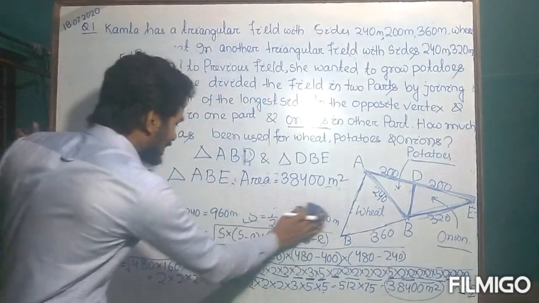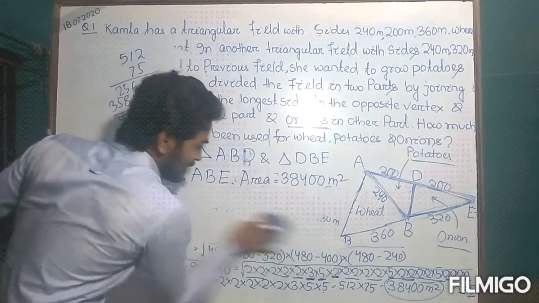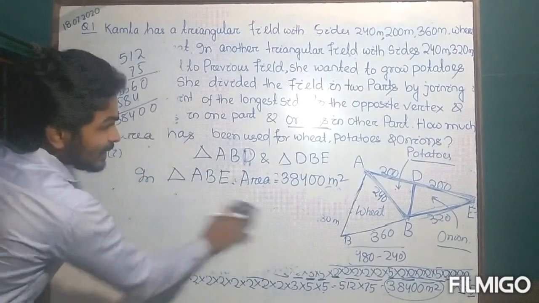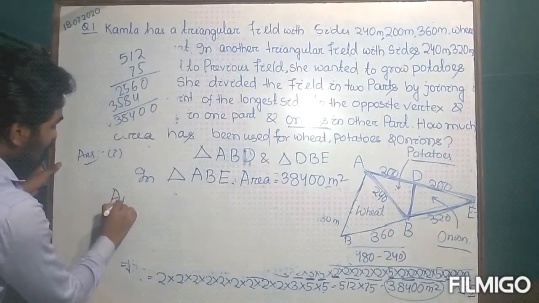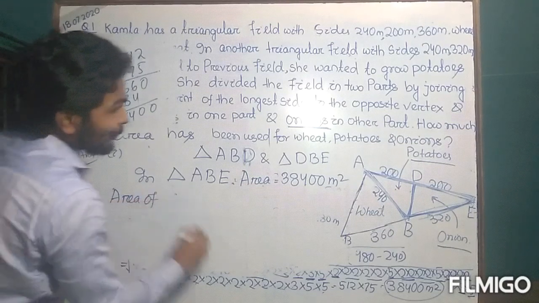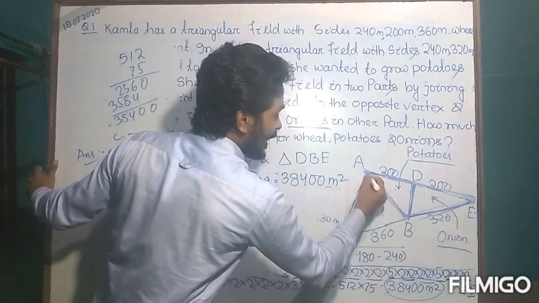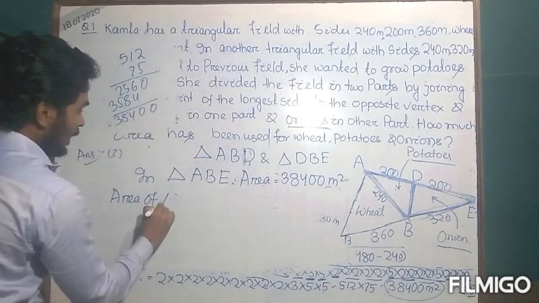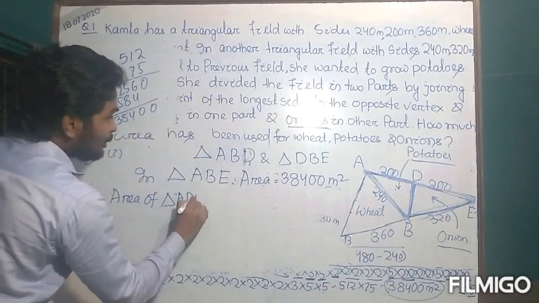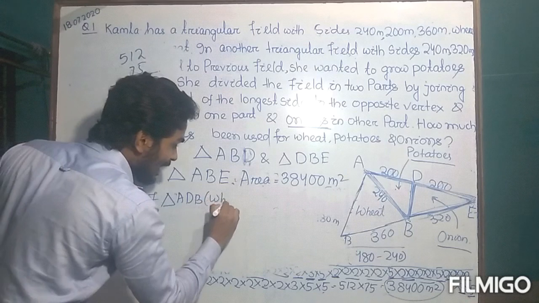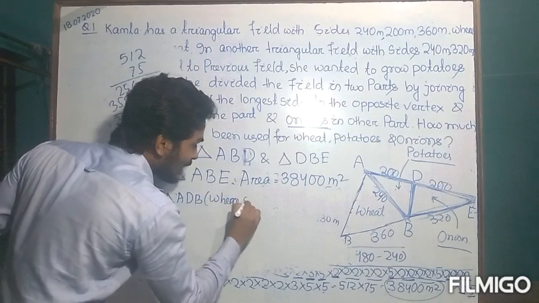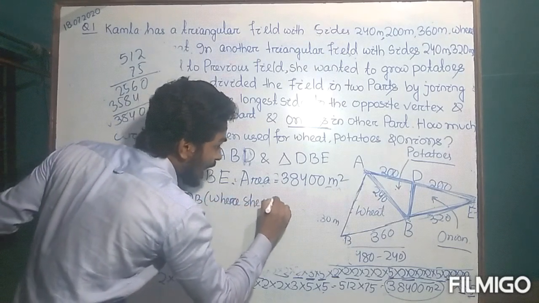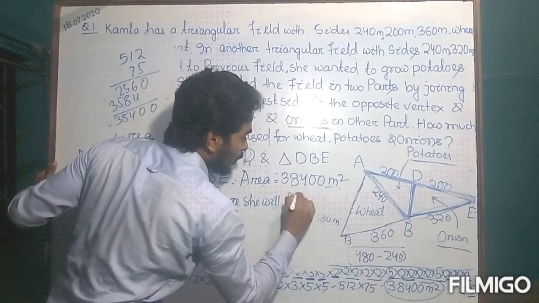That means, what can we write? See what we can write? We can write area of this triangle ADB, where she will grow potato.